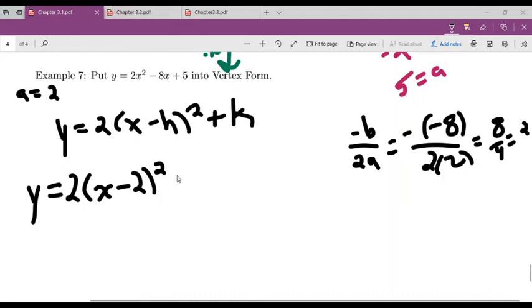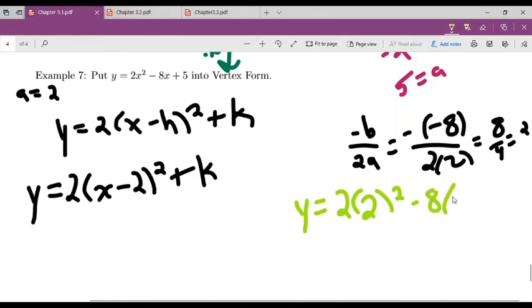Now we just have to figure out what this k is. Okay. Still need to solve for this k. All we got to do is take this point 2 and plug it in to our y form here, and that'll be our k. So what I'll do, I'll change colors real quick. If I go from this original equation, so y equals 2 times 2 squared minus 8 times 2 plus 5.